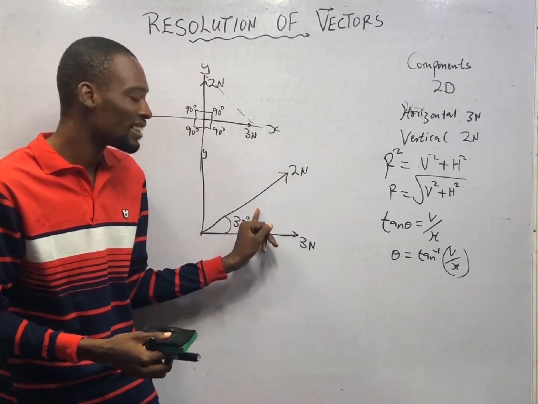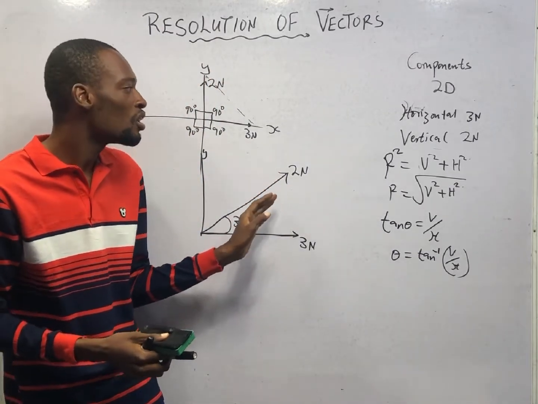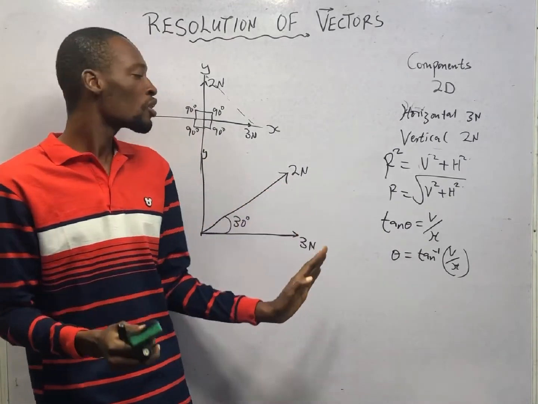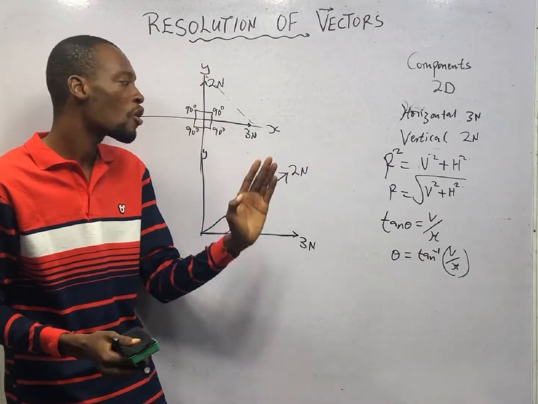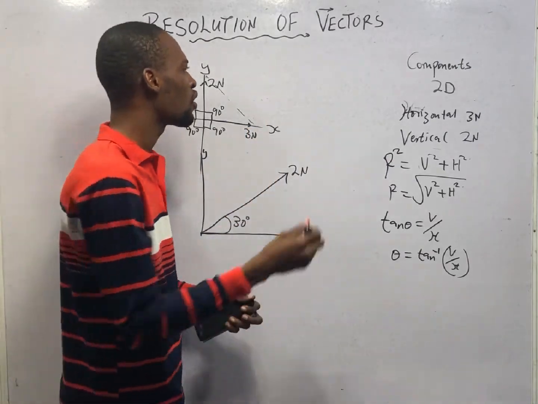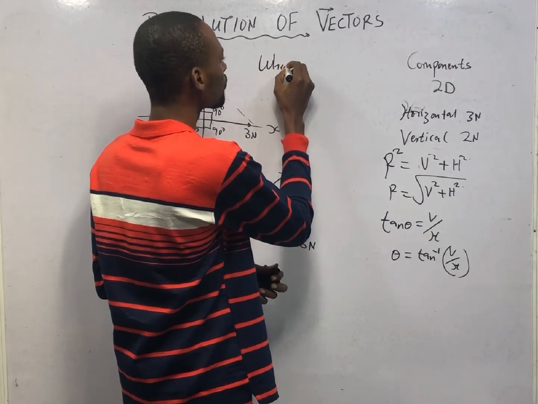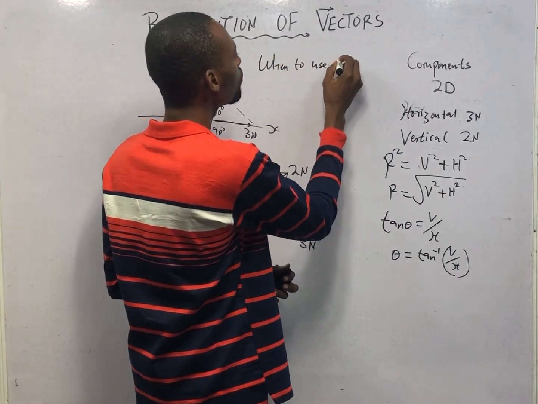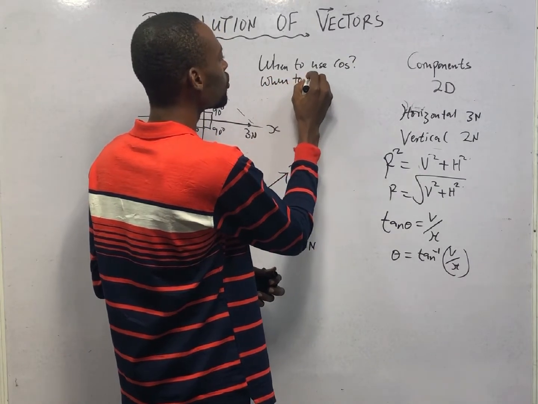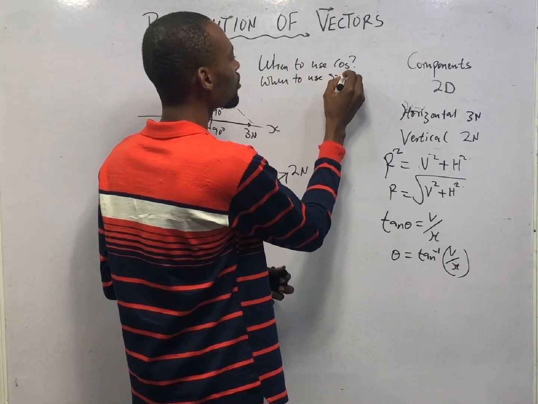And once you incline a force at an angle, then sine, cos comes to play. You either use cos to resolve or you use sine to resolve. A question comes to mind: when to use cos and when to use sine.